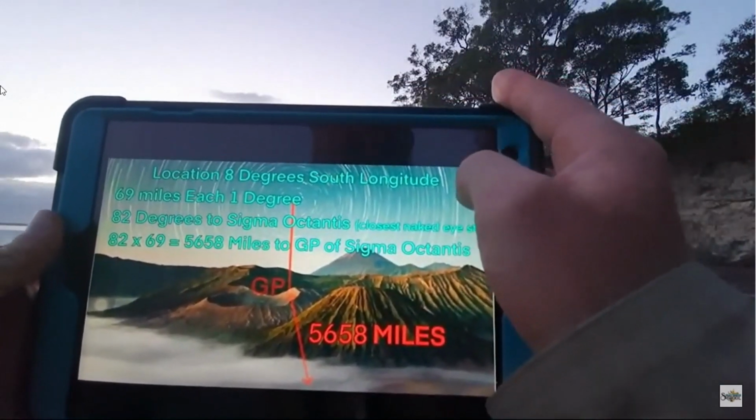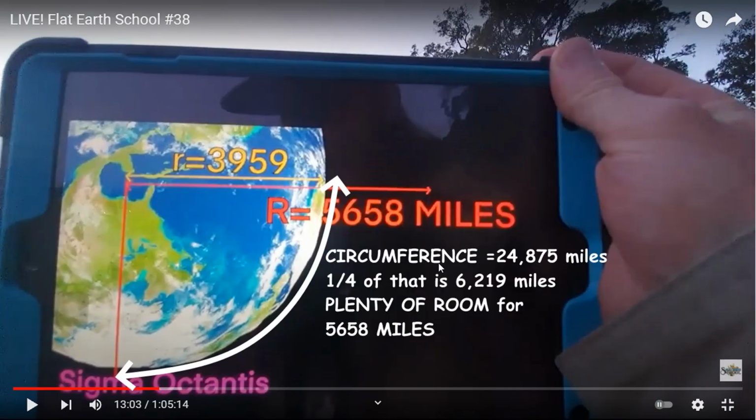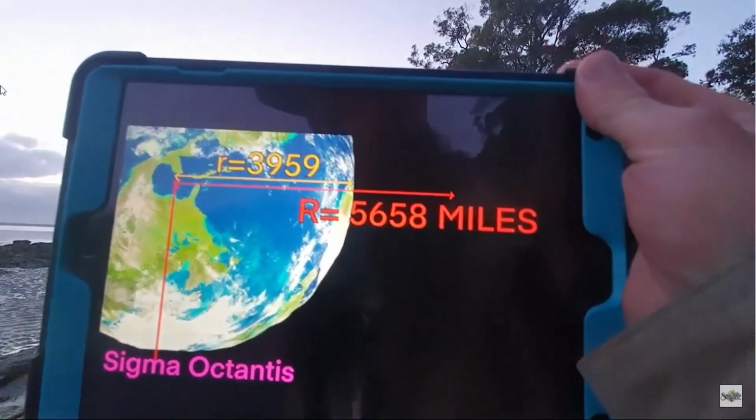How far away is that? 82 degrees times 69 miles, 5,658. How does that fit on a globe of radius 59 miles? It does not. This is so devastating for the globe. And yes, this is so devastating, all right, Mitchell, but only for you. Yeah, suck it in, princess.